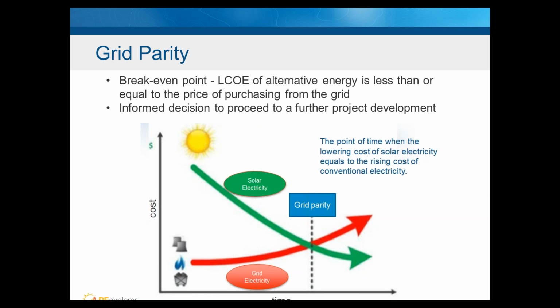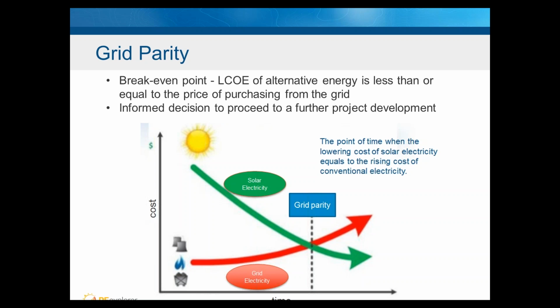On this chart, you can see the electricity produced by solar energy. It's showing that with time, the cost will go down and down. You can see, when we compare with the utility cost, I'll just give you a number, for example, 10 cents per kilowatt hour.